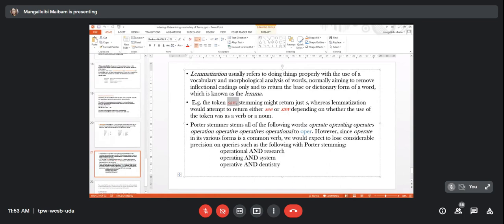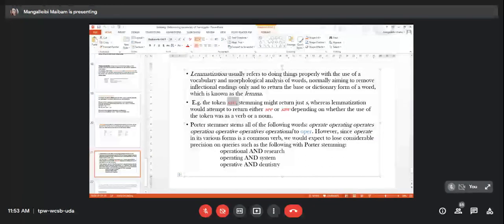And there are some stemming examples given here. Operate, operating, operates, operation, operated. These are all derivational affixes. Sometimes this may return oper. But the original word is operate. That is what it is said here.